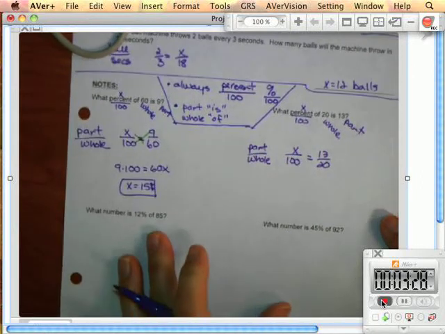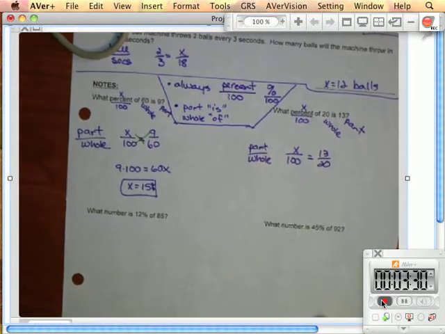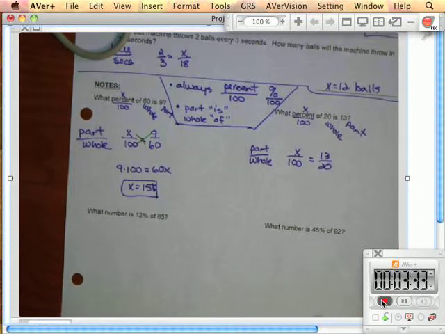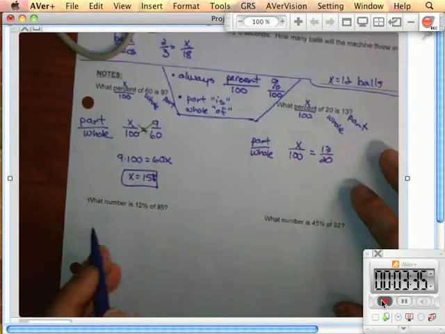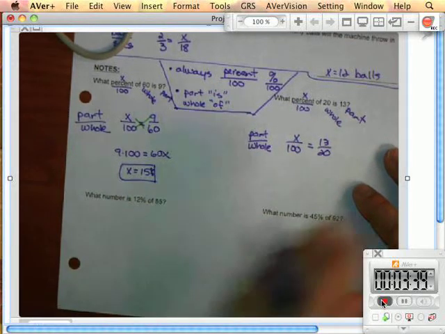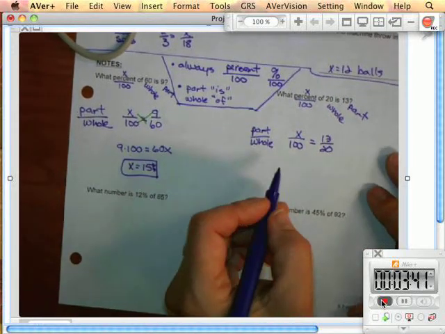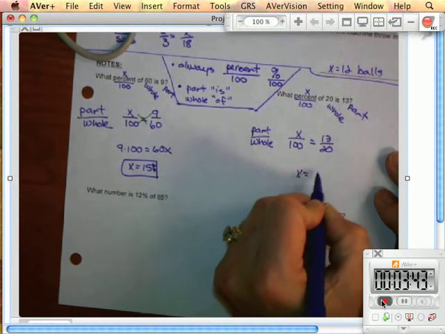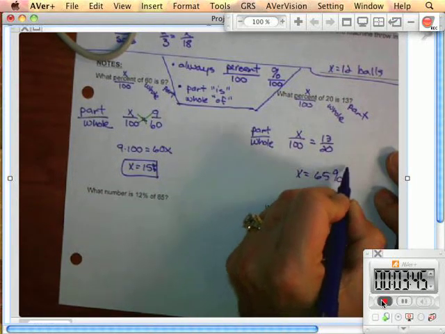And then when you cross multiply, you can, Megan, but you'd get a decimal, and then you'd have to put it in percent form. So x equals 65% when you do the math.